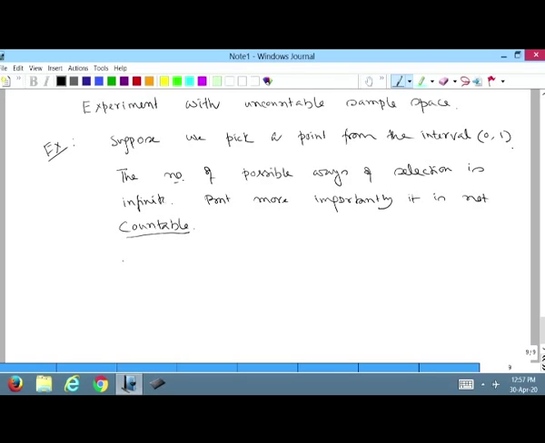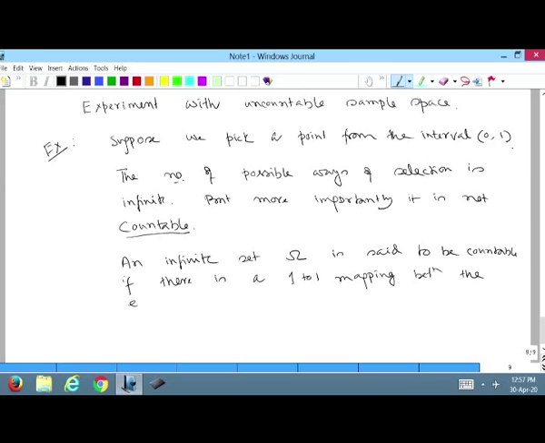So, to make it easy, an infinite set omega is said to be countable if there is a one-to-one mapping between the elements of omega and the set of natural numbers.